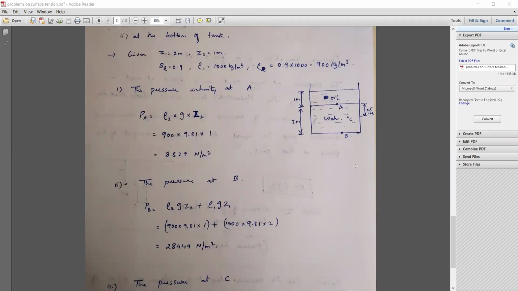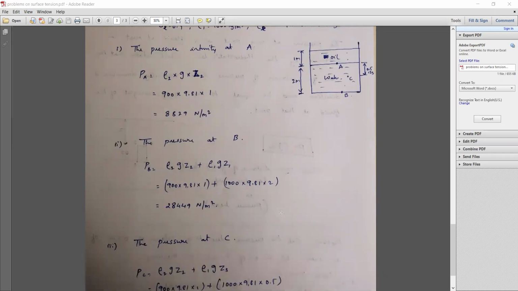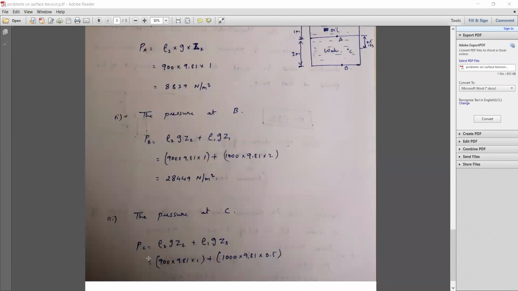So PC equal to: first, you see above this point C, 2 fluids are there. Oil is with 1 meter height, and water is with only 0.5 meter height. So the only term that changes here is that instead of 2, you will get 0.5 meters of water. Full oil is there above point C and only 0.5 meter height of water, so only Z3 will be 0.5.